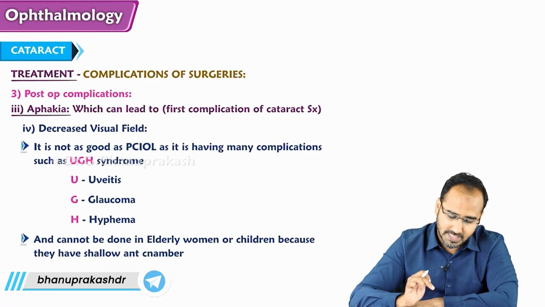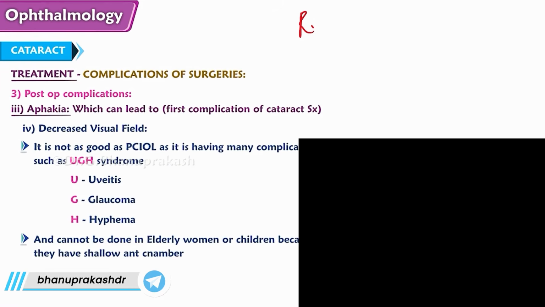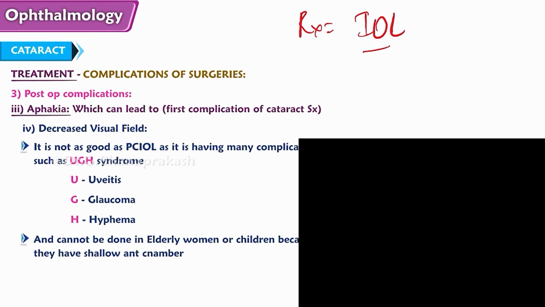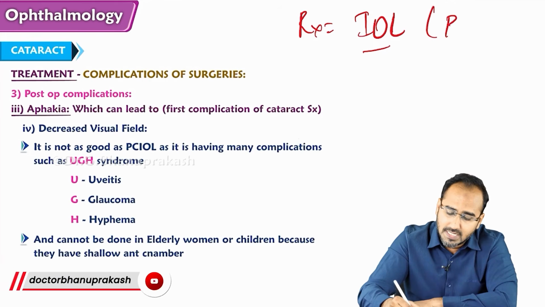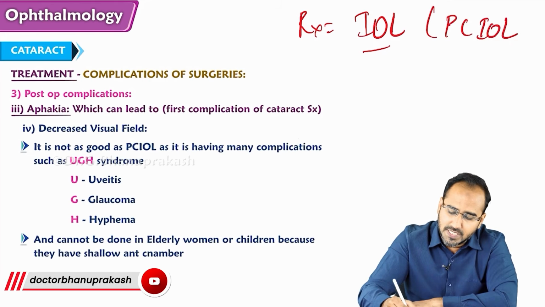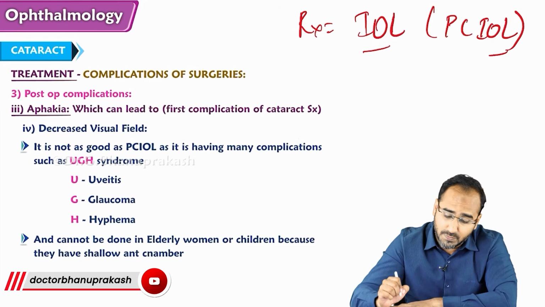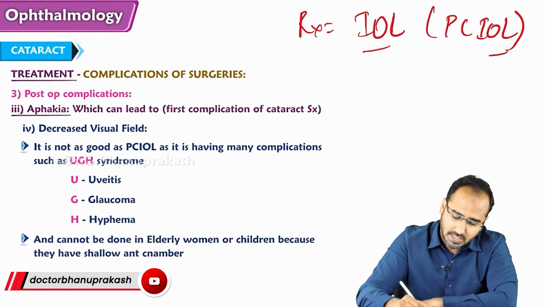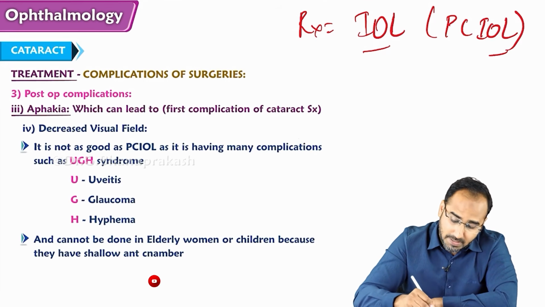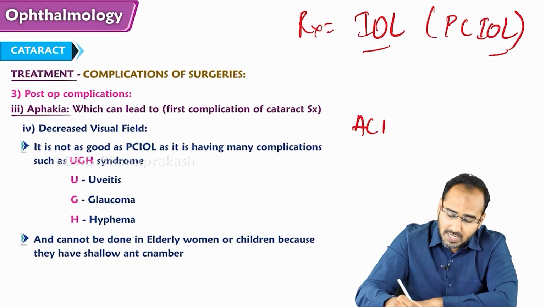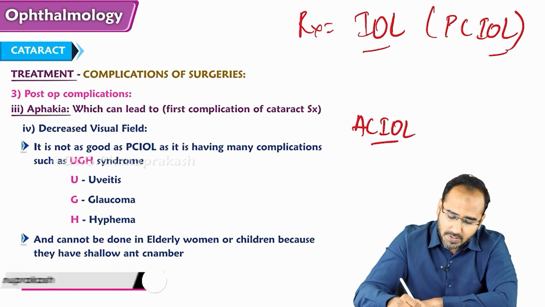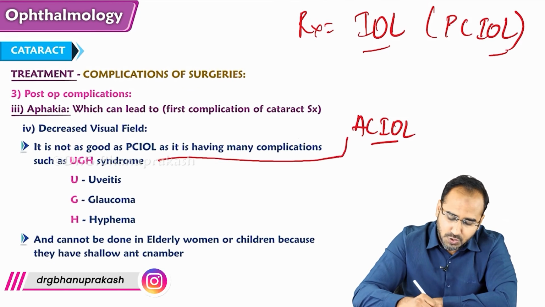So remember, the best treatment of choice for aphakia is IOL placement. What is IOL? Intraocular lens. Which intraocular lens? PC-IOL, posterior chamber intraocular lens. But if the posterior capsule is ruptured, then you can go for AC-IOL, anterior chamber IOL, which comes with a complication of UGH syndrome.